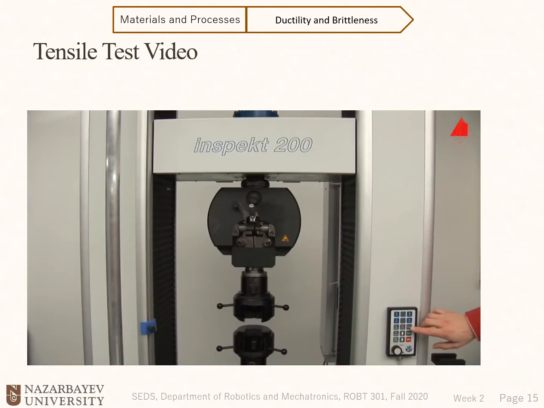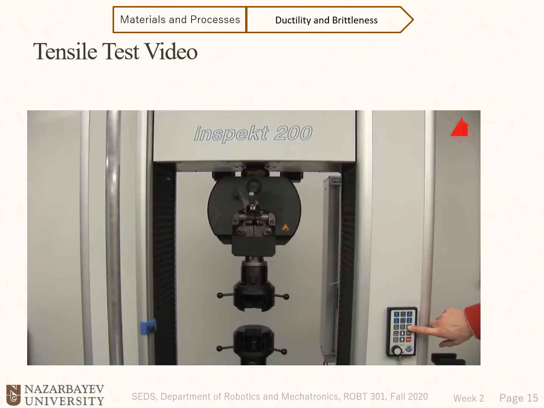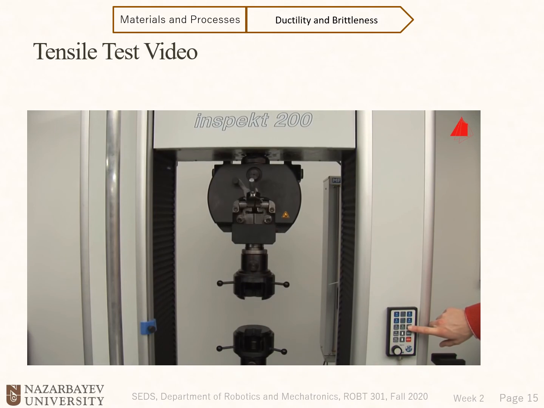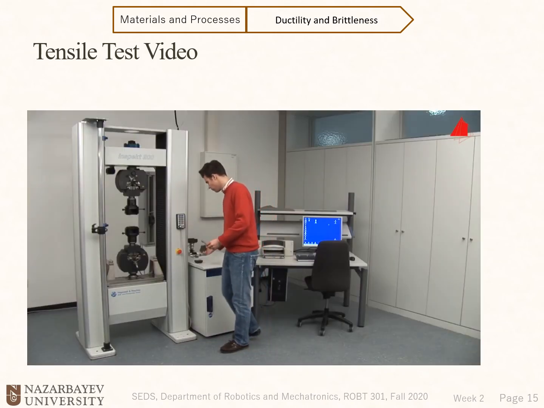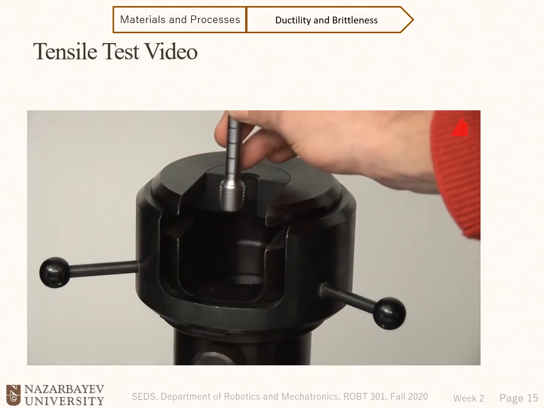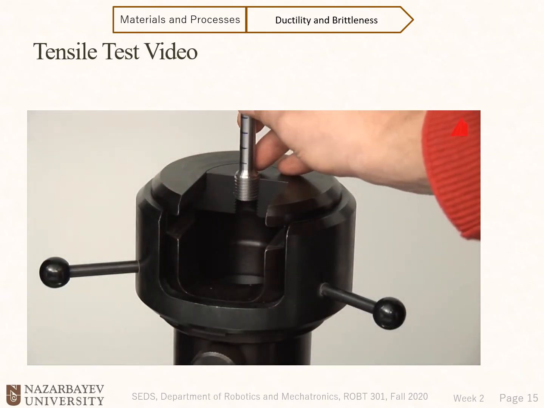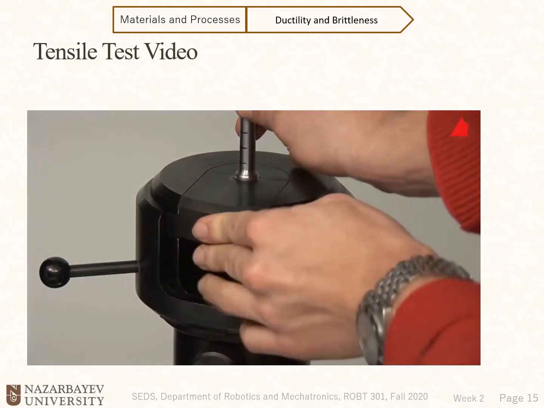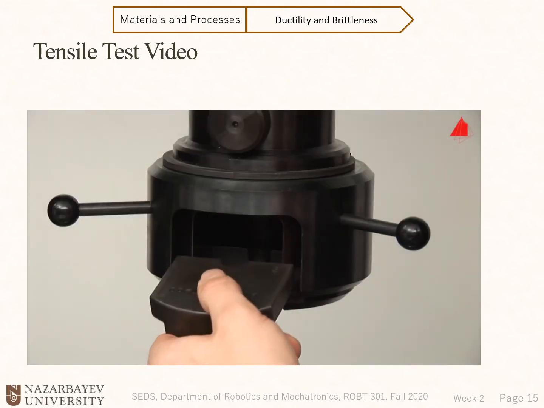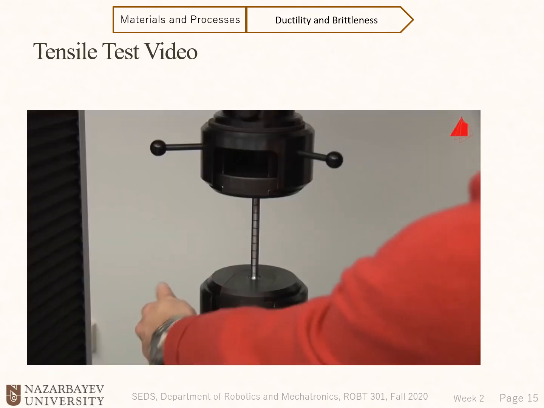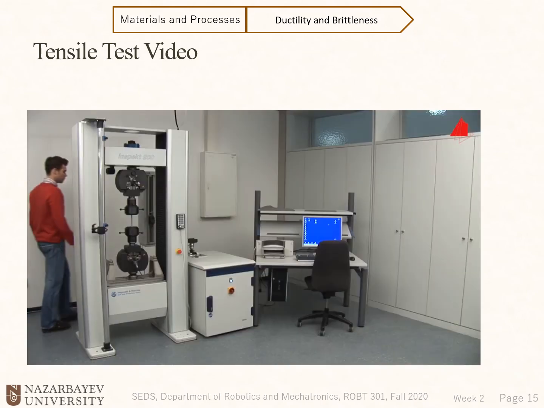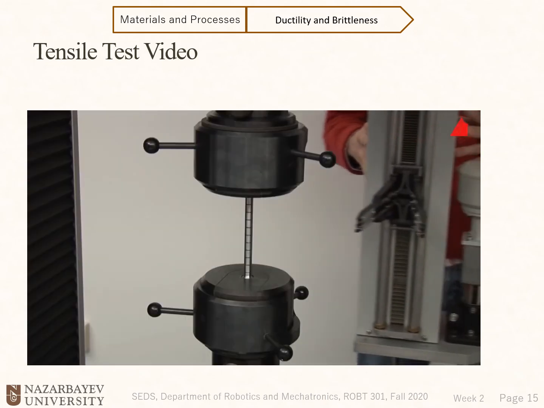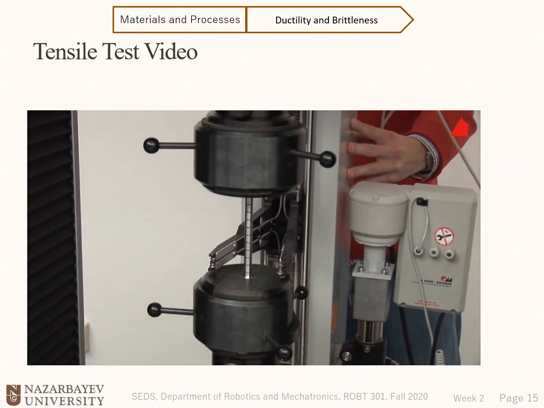Using a hand control, the tester moves the upper cross head into its correct starting position. Now he can place the threaded ends of the test piece in the lower and upper grips of the testing machine. In the next step, he swings the extensometer into its working position and checks that everything is correctly prepared.